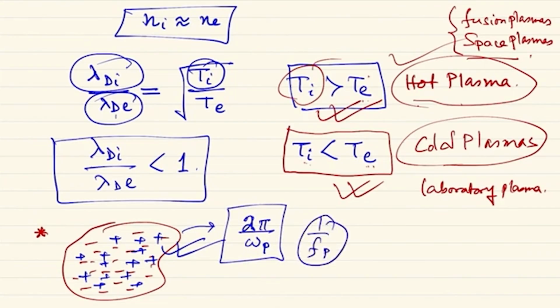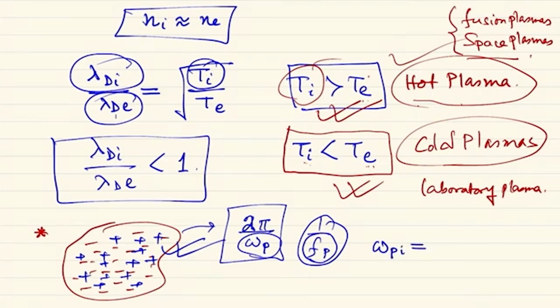This f is known as the plasma frequency, although in very many literatures you can see omega p, which is the angular frequency, is also called the plasma frequency. No problem for that. And this is also defined for every single species.